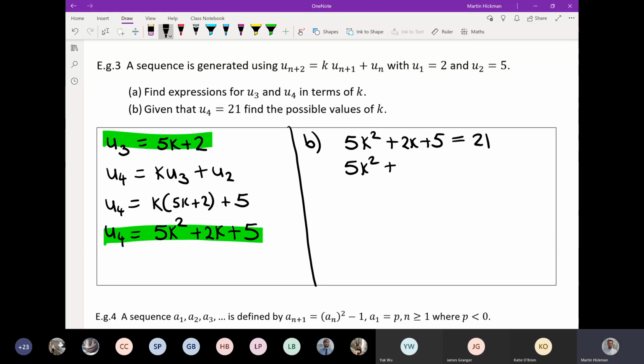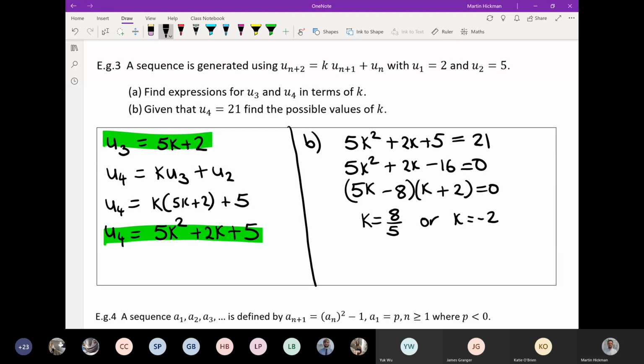We want to take 21 from both sides because then we have a quadratic which we can factorize and get the following. And then we just have our two solutions there.